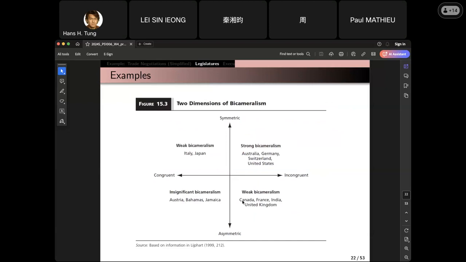And then I think one of the very popular models is the upper left, Japan and Italy. I didn't even know Japan has two chambers, actually. I know the Diet, right? So the weak bicameralism, the problem here is the composition is similar, congruent, but they are also very symmetric.